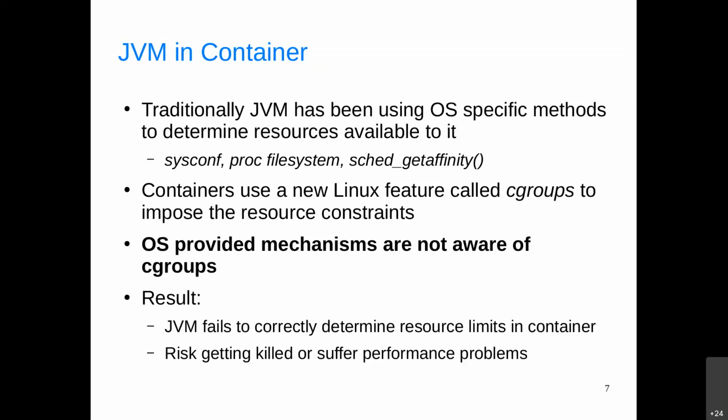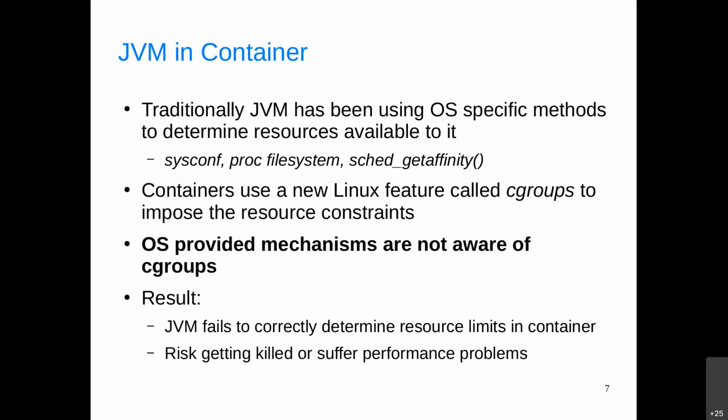So what happens is if you put a JVM inside the container, the proc file system or the system calls will not be able to provide the JVM with the resource constraints that are imposed by the container, and that results in the JVM overestimating the resources available to it.